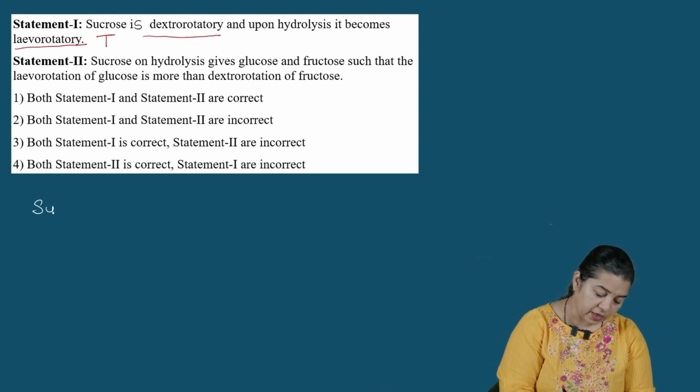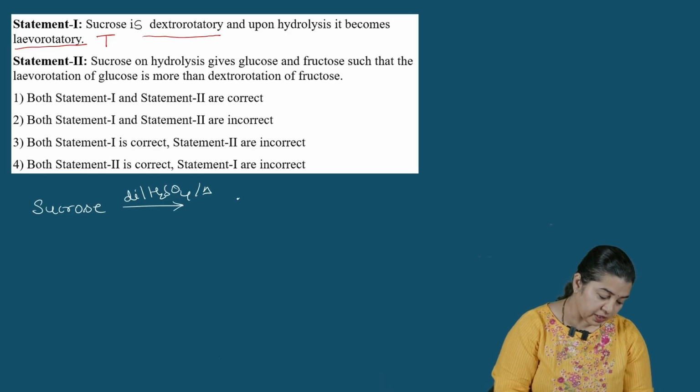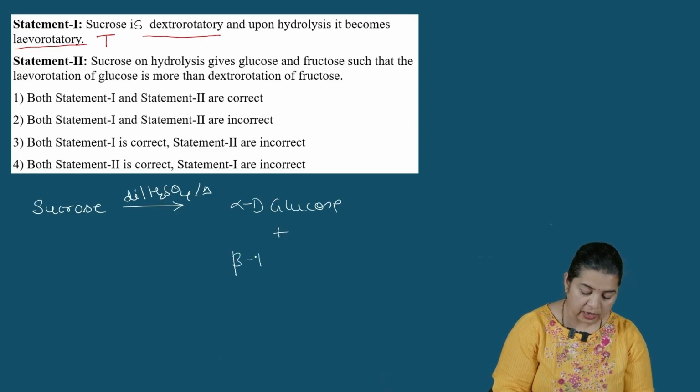If you remember, when we hydrolyze sucrose in dilute H2SO4, when we heat it, then we get alpha D glucose plus beta D fructose.